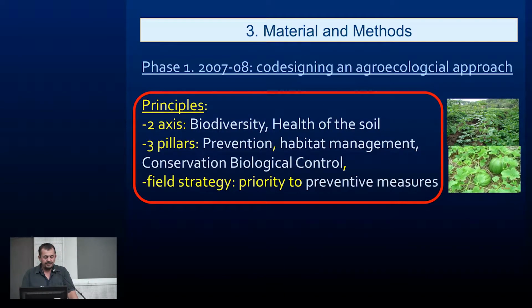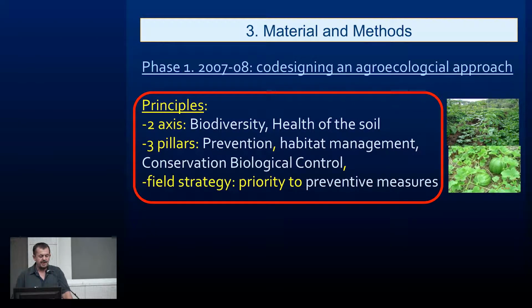Three phases, you remember. The first one, it was about 10 years ago. It consisted of co-designing the approach with all the actors, from research to farmers, via policymakers, extenders, trainers, teachers, experimentators, and so on, with the principles of agroecological crop protection.